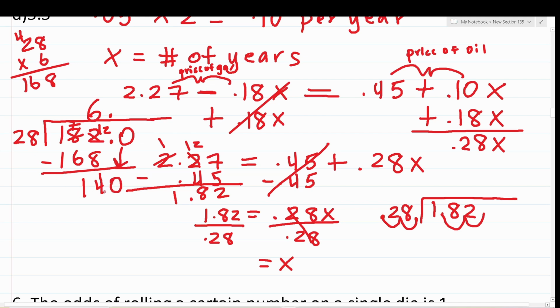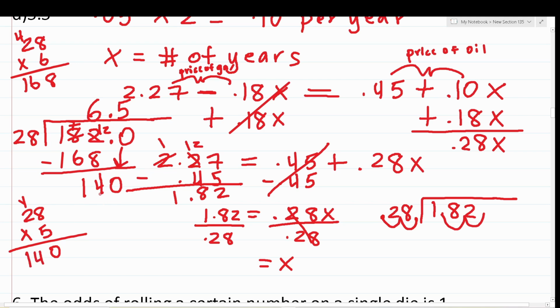How many times does 28 go into 140? Again, think about this like 30. 30 times 5 would be 150. So I'm going to say 28 goes into 140 about 5 times. And let's work that off to the side. 28 times 5. 5 times 8 is 40, so bring down a 0, carry a 4. 2 times 5 is 10, plus 4 is 14.